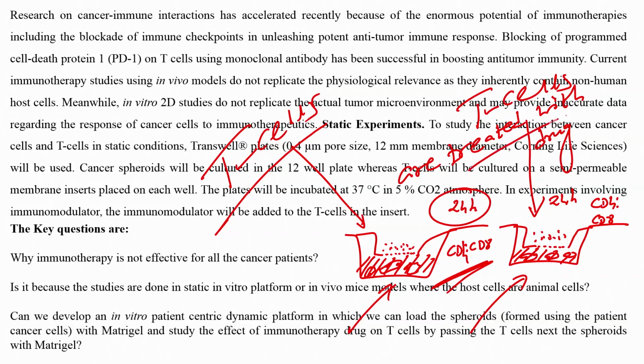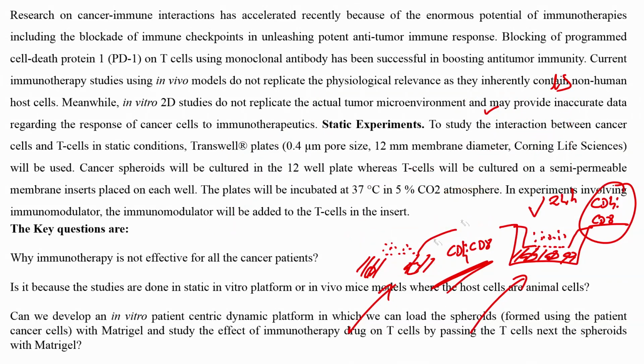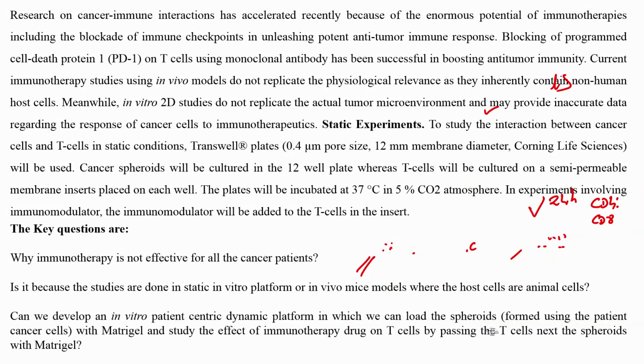T cells treated with immunotherapy drug, after 24 hours we see CD4 CD8 concentration, right, and we compare. This is what is written here, right. And of course, when you do this, you have to keep the plate in an incubator to maintain the 5% CO2 and 37 degrees centigrade atmosphere, so that the cells would not die, and the T cells can be kept in immunocult, which is the media for keeping the T cells alive.